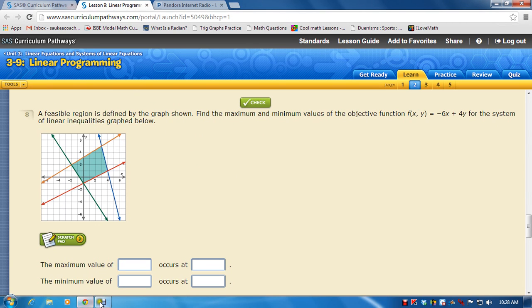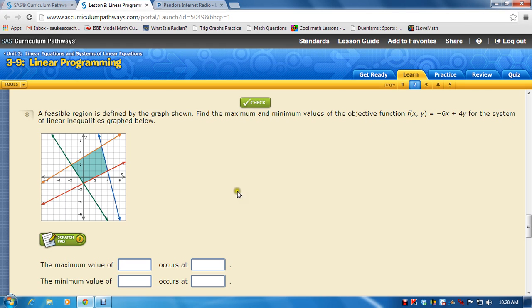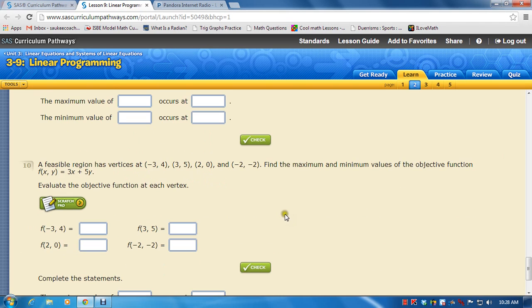Okay, so hopefully you are getting the gist of this right here. There's not too much else to have to do. Your objective function will be given to you. So you'll be able to just simply plug in those vertices to figure out, let's say you've got a problem like we had at the beginning, you're trying to maximize the amount of money that you're bringing in for charity.